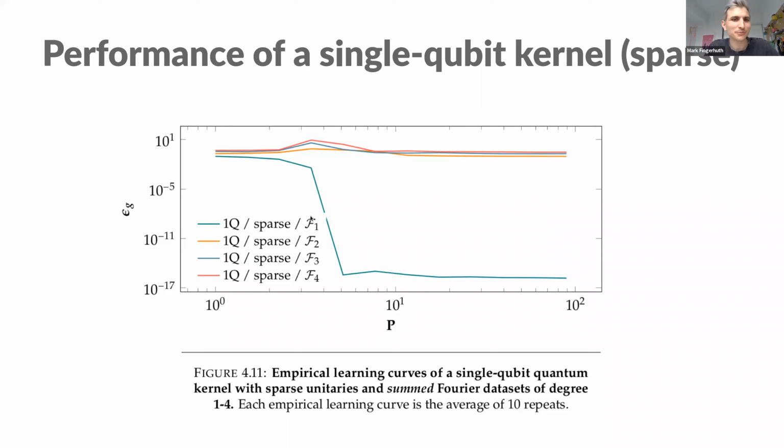That isn't very surprising because we're dealing with a very simple single qubit kernel, but it's nice to see, because it seems the Fourier data sets of degree 2 and higher are just too complex for the single qubit kernel to learn.